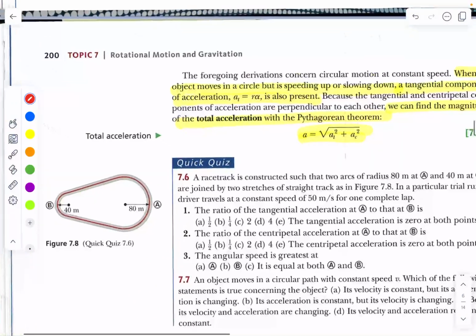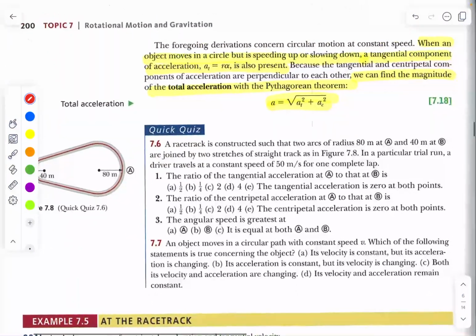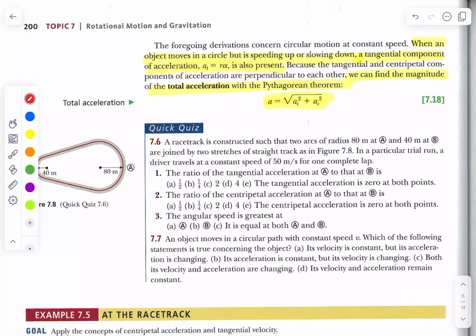Now, if my pathway is something like this, and this is my center-seeking force of an object. Let's say it could be a planet being held in place by gravity.